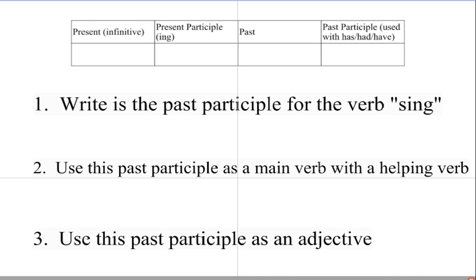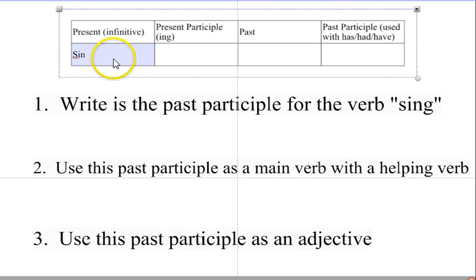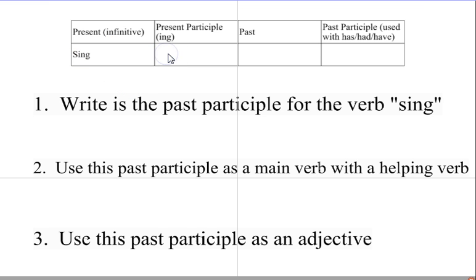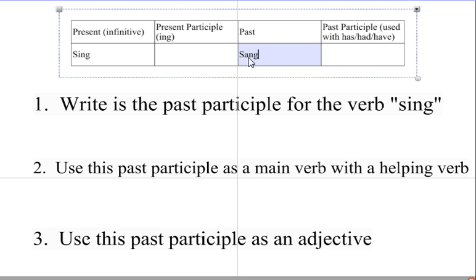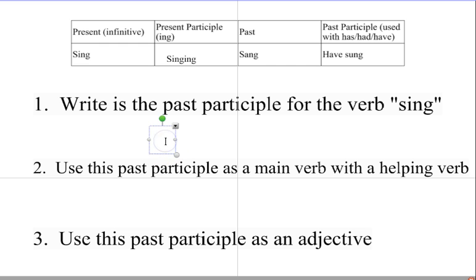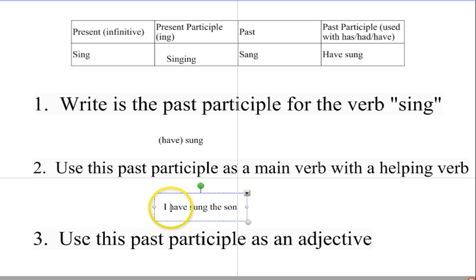So if we come over here, if we do it for "sing," right? The verb is sing, it's singing, it's sang, and it's have sung, or has sung, or had sung, okay? So the past participle would be "have sung." And then if I use it as a main verb and a helper, "I have sung the song."